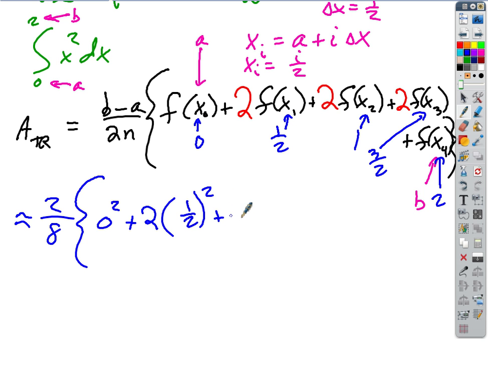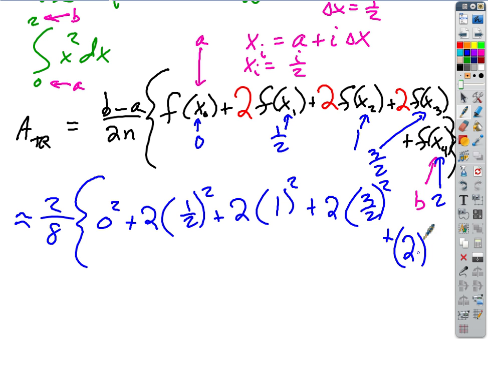Plus f of 1, 1 squared, right? Plus, yeah, f of 3/2 is 3/2 squared, plus 2 squared. Add it up, and that's our answer, right? It's going to give us back a number. It's not going to be perfect, but it's going to be an approximation.